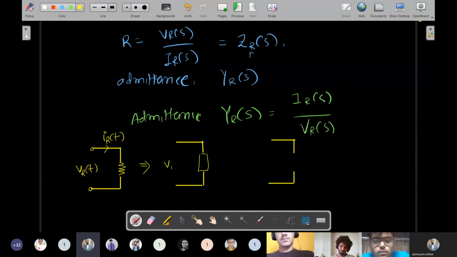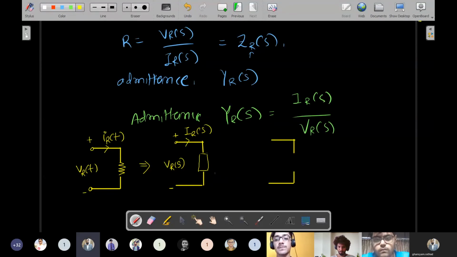So that is converted to VR of S. This side is positive, this side is negative, and the current flowing through it is written as IR of S.